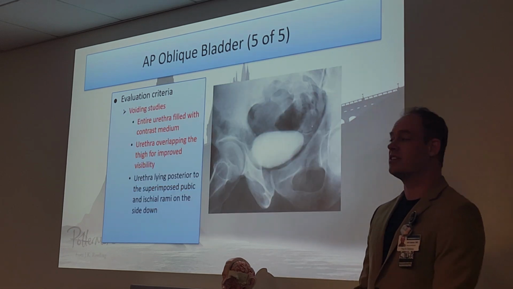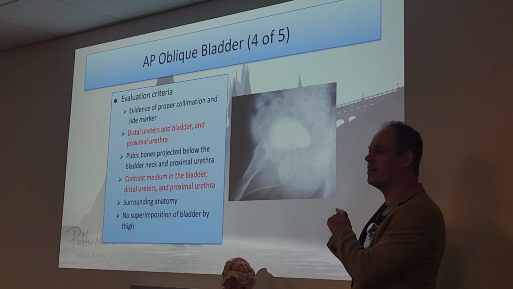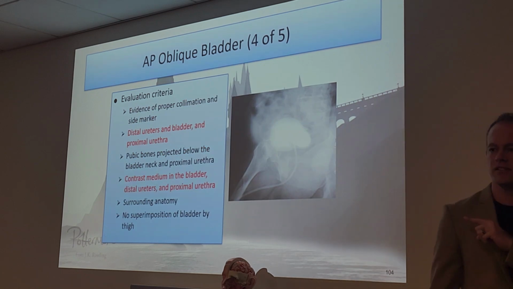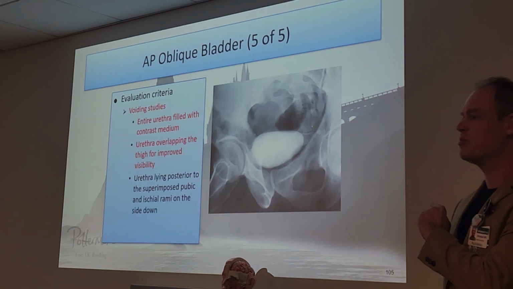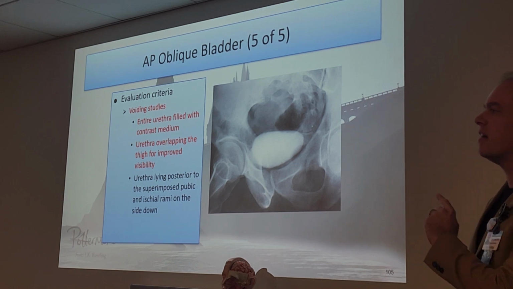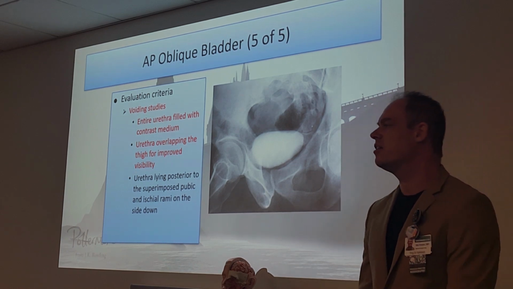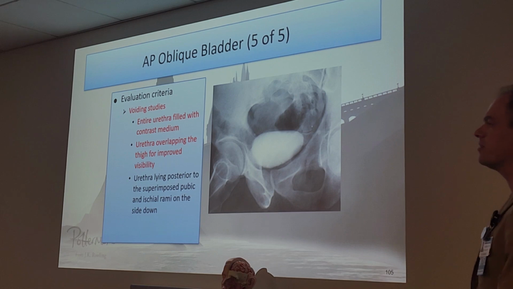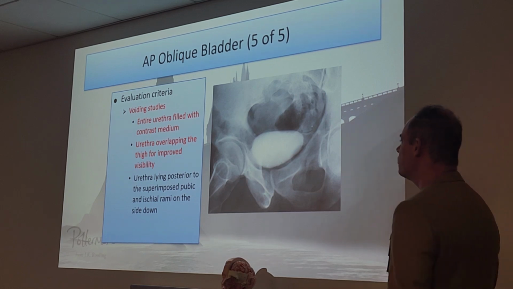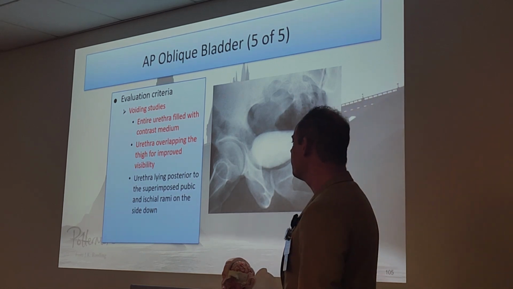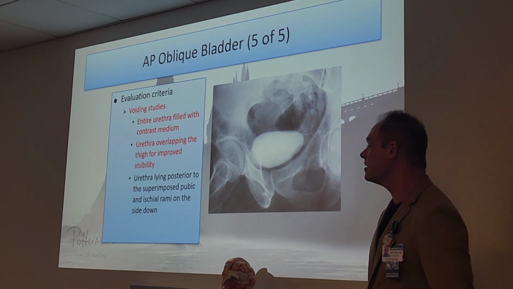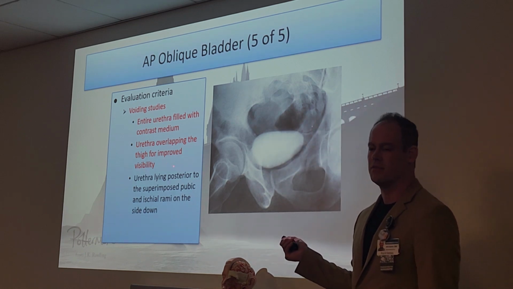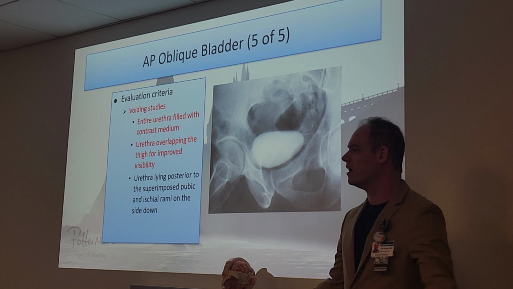All right, guys, by the way, this was for regular cystograms. For voiding cystograms, where we have them actually urinate the contrast out, here's what we're looking for. Entire urethra, keyword entire urethra, filled with contrast, and urethra overlapping the thigh for improved visibility. That's specifically for males, because you can't overlap a female's urethra on her thigh.